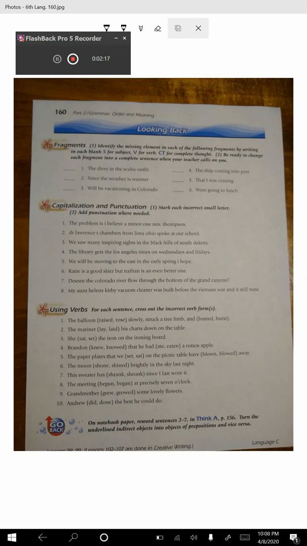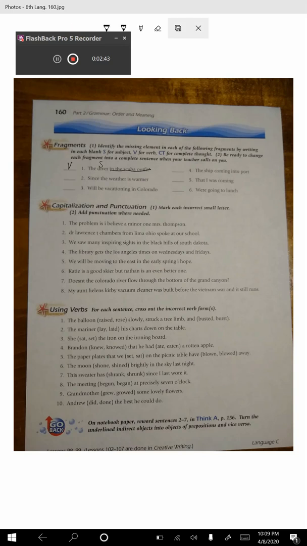So that's obviously not a complete thought. We have a prepositional phrase here. So let's just cross it out, because that will help us determine what we're missing if we get rid of that prepositional phrase. That's why I like to get rid of them. What are we left with? We're just left with the subject. So obviously we are missing the verb.